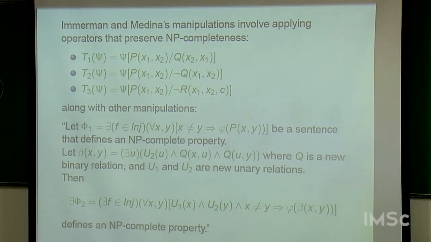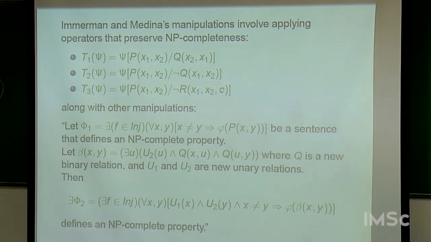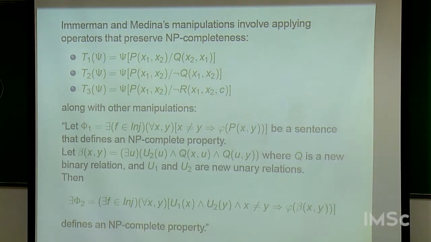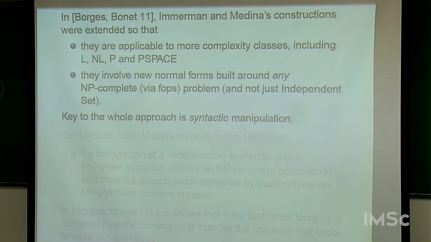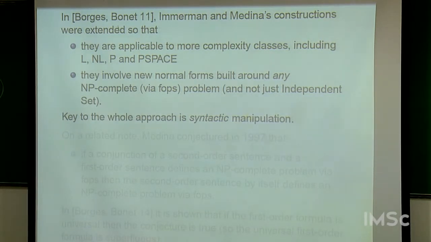They had these operations, and they fiddled around, and they proved syntactically, just by writing down the description of those problems in existential second-order logic, that they were actually NP complete via first-order projections. This has recently been extended so that not only can we do this with NP, we can do it with other complexity classes.